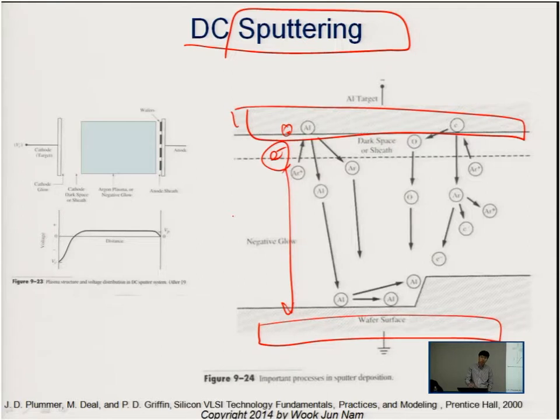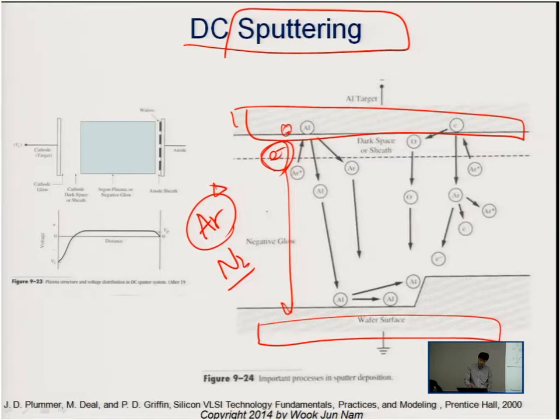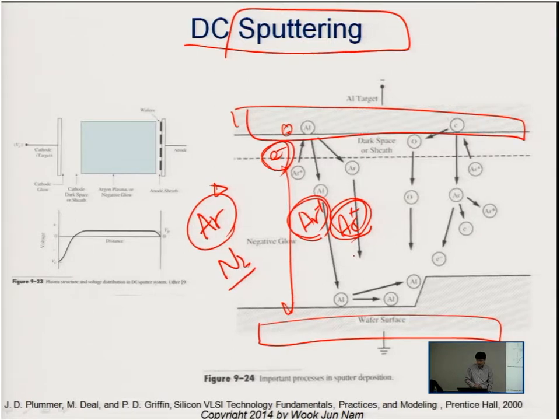As you flow the gas, which in the case of sputtering is normally an inert gas, those electrons collide with the neutrals and cause ionization. These ions are created by the collisions, and they are accelerated toward one electrode and hit the target.